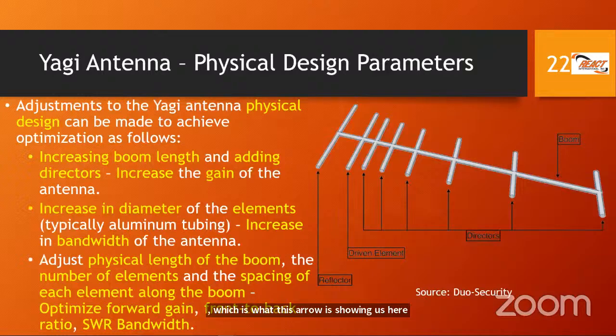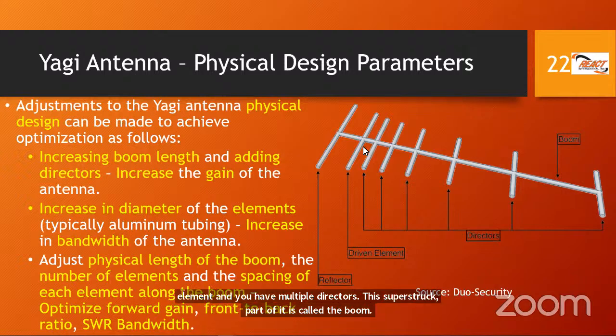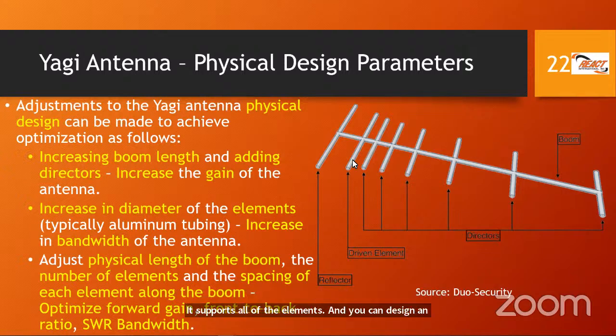A little more on the Yagi antennas. This is again what a Yagi antenna might look like. You have the reflector, the driven element, and multiple directors. This part of it here is called the boom. It supports all of the elements. And you can design an antenna and adjust it to the properties you would like to achieve.